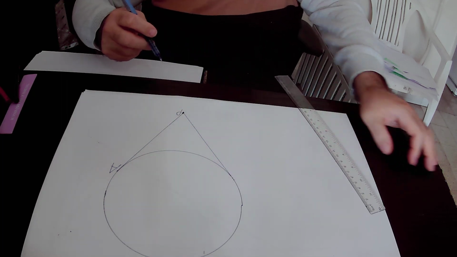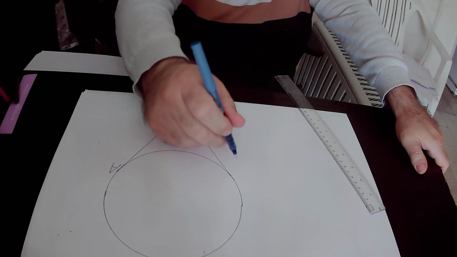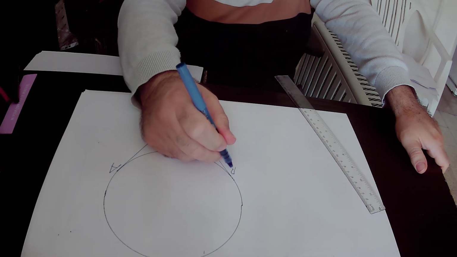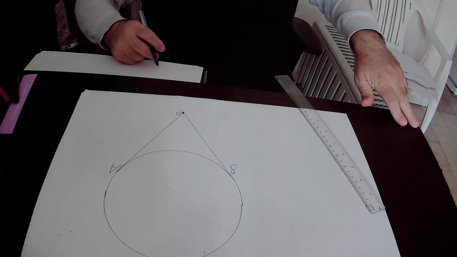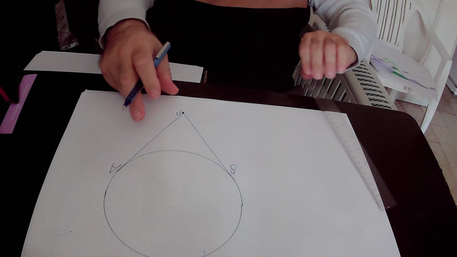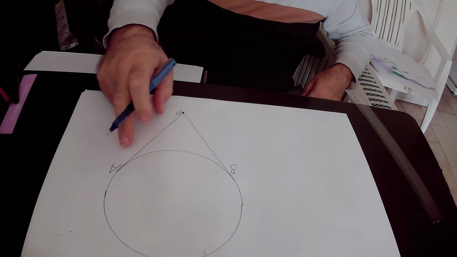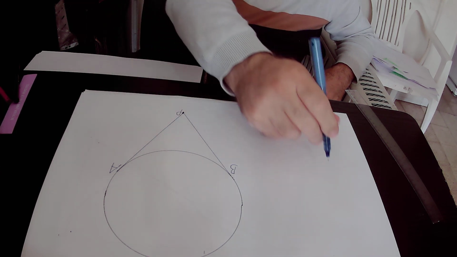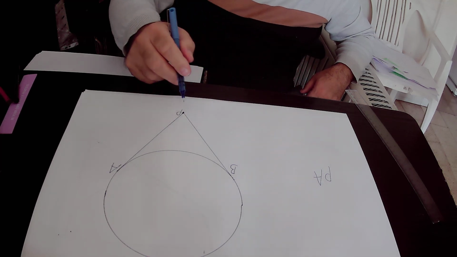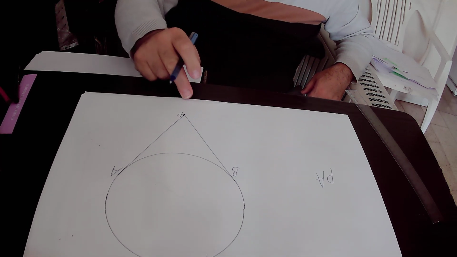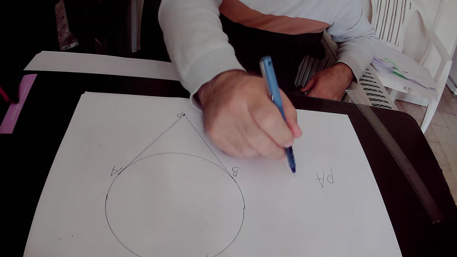And we will define the touching point between the second tangent and the black circle as point B. So actually the length of the first tangent is PA, and the length of the second tangent is PB.